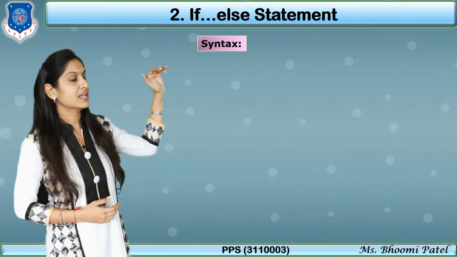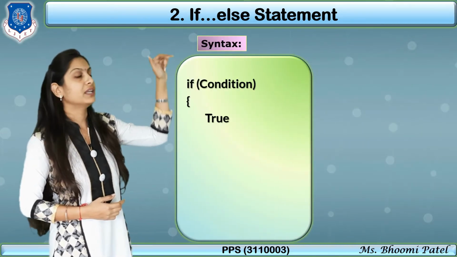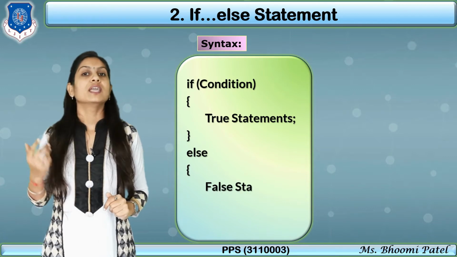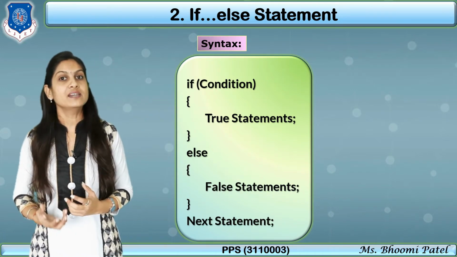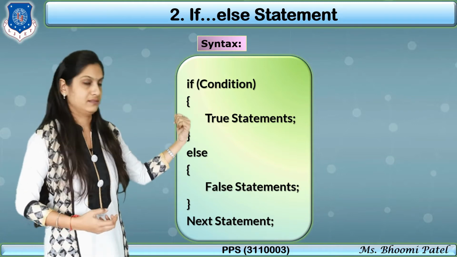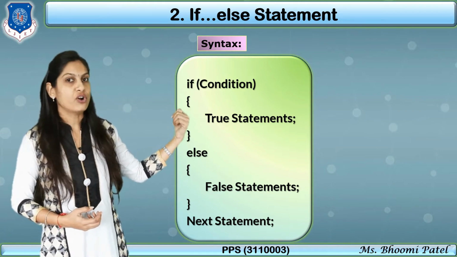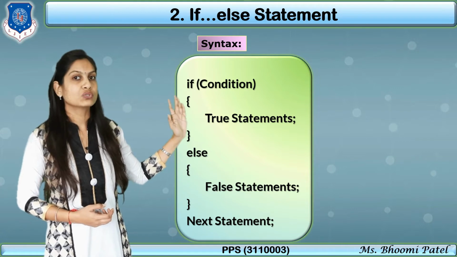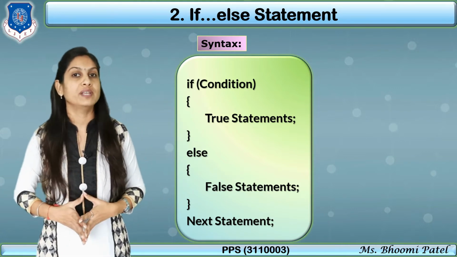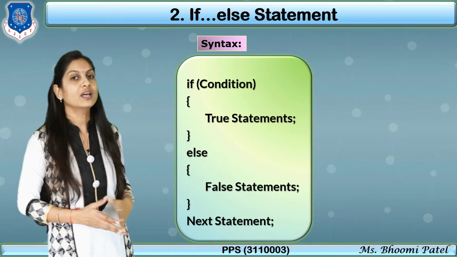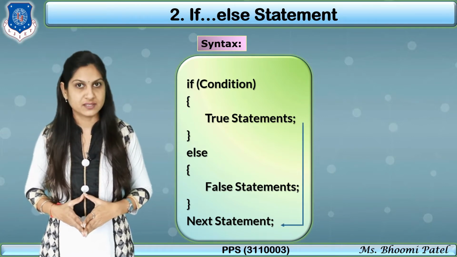And the syntax for this is: in the if we write the condition, if it is true then the true statement will be executed, and now use the word else. If this condition is false, then our cursor goes to the else part, and inside else our false statements will be executed, and jump to the remaining statements, that is the next statements.